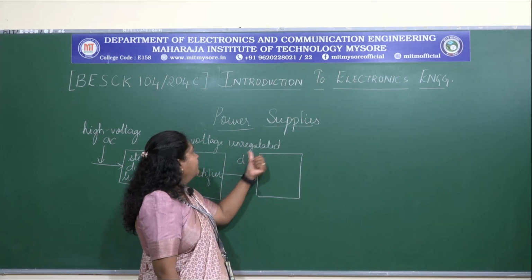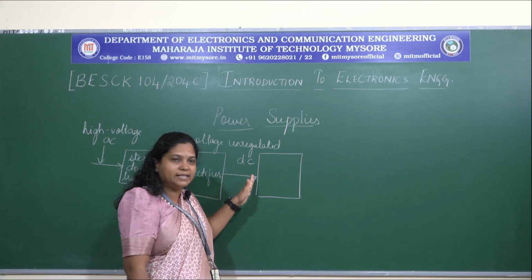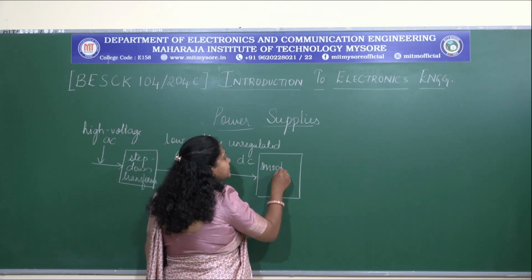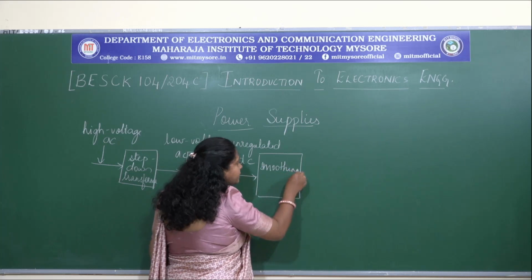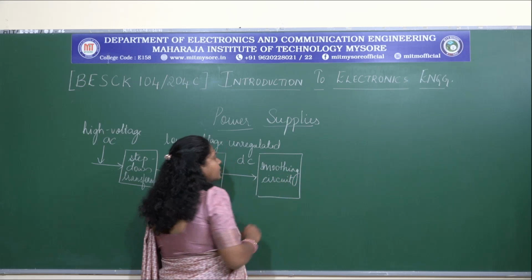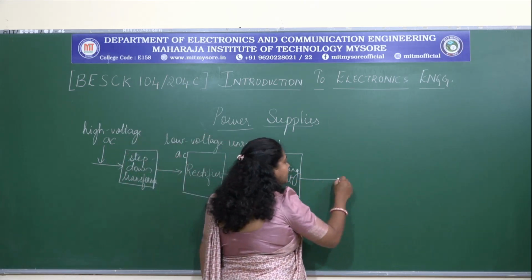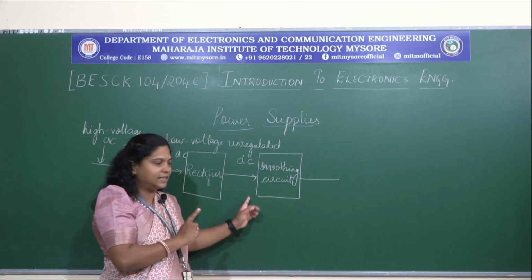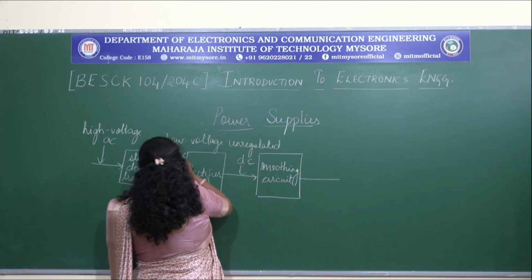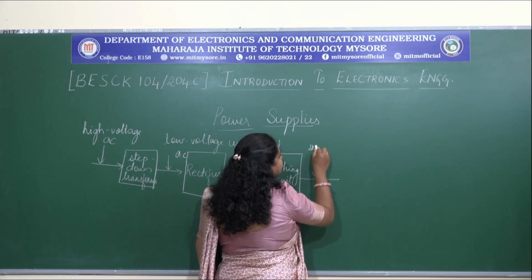We are going to convert this unregulated, or unsmooth DC, by making use of a suitable smoothing circuit or a reservoir circuit, to convert the unsmoothed DC to a smooth DC.